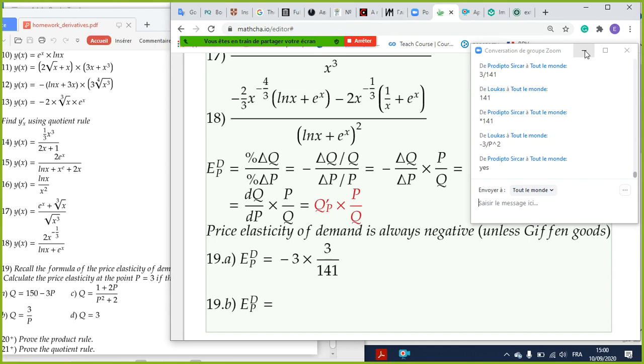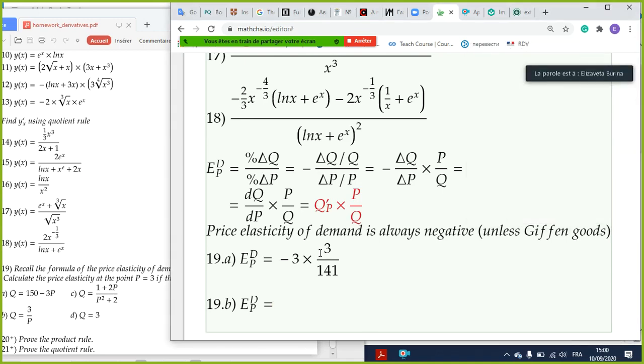If you agree, with minus 3 over p squared. Minus 3 times p to the power of minus 2. Yes, perfect. The same. Okay. Stop torturing you. It is like that.